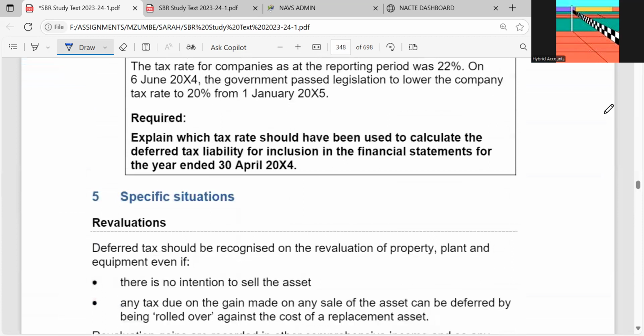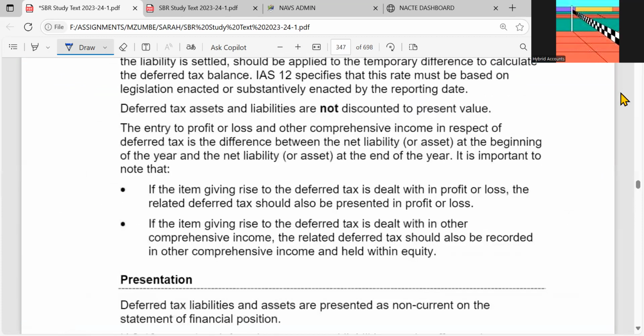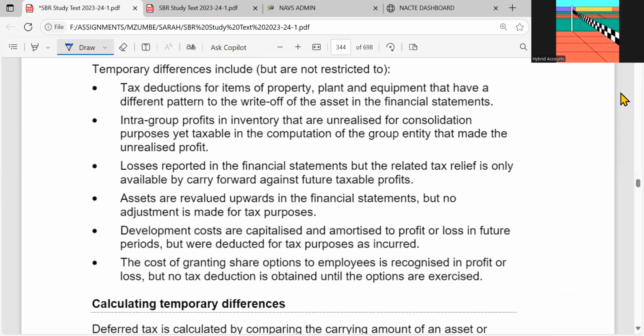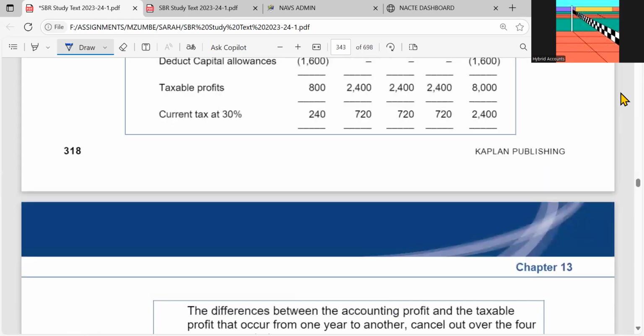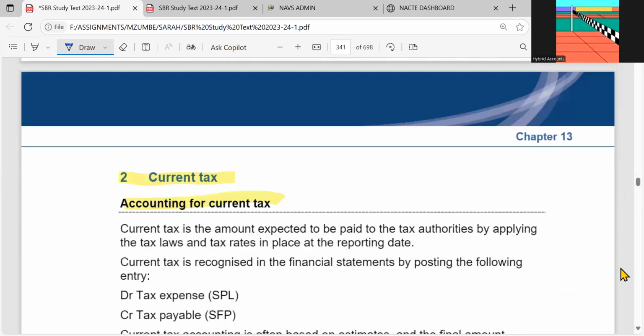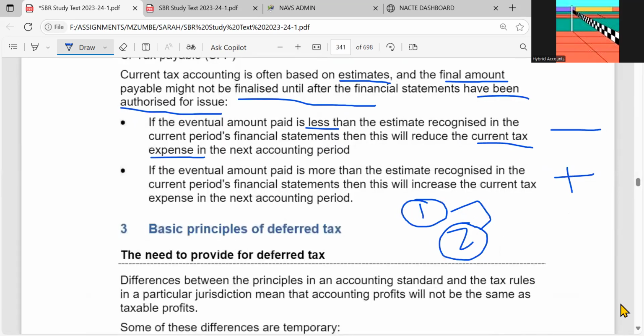They have tried to avoid this, thinking that maybe you should ultimately know it. But this comes from F7 financial reporting. And I think it's very important that I also explain it with an example, right? So let's not proceed with deferred tax. Let's go to the example of current tax.